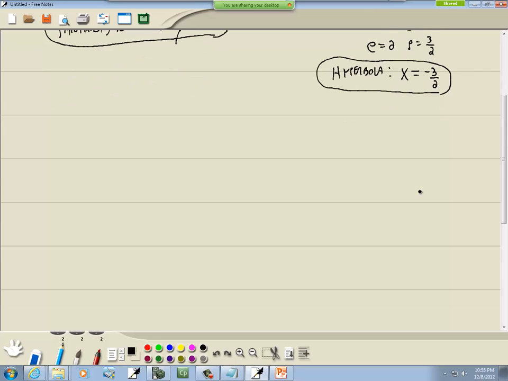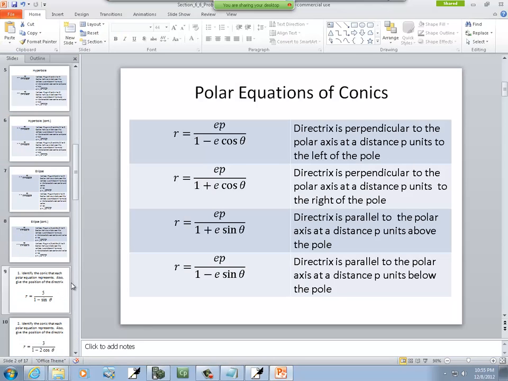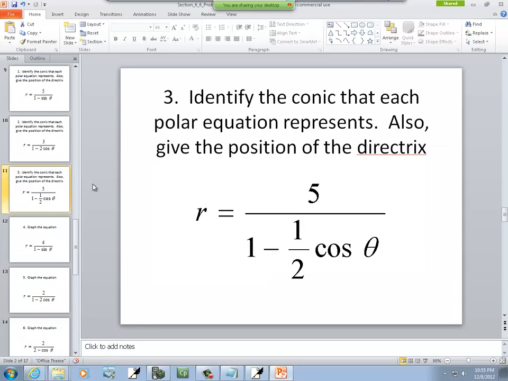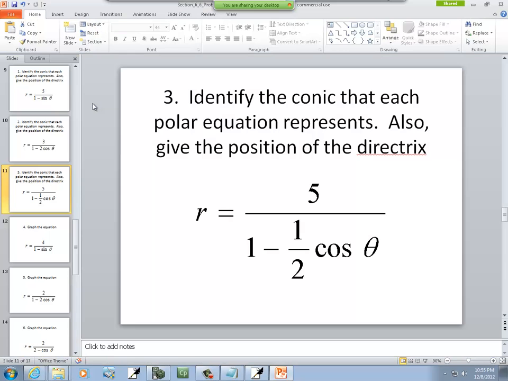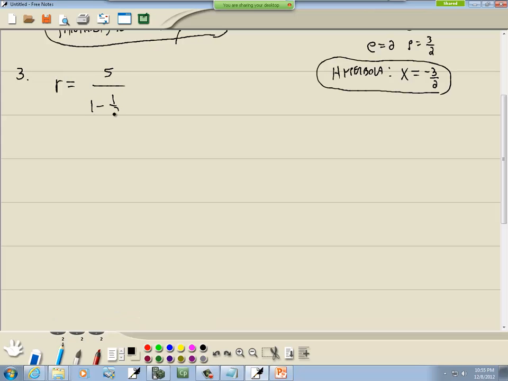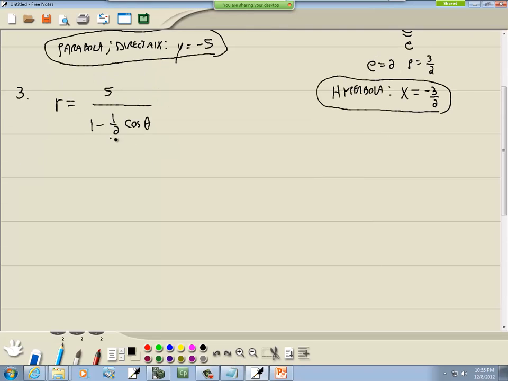Okay, let's look at our third one. R is equal to 5 over 1 minus 1/2 cosine theta. Well, we got a 1 here, so that's good. We have had a 1 on all of these, actually, which means this is e, but the top part I need to rewrite as e times p.